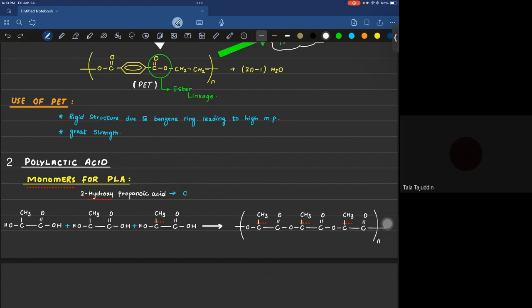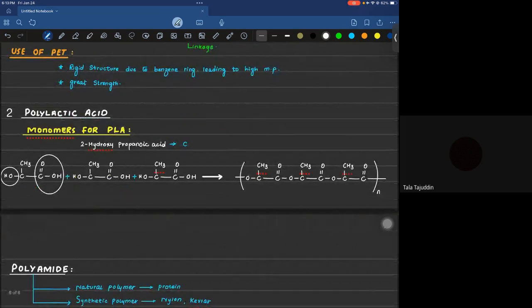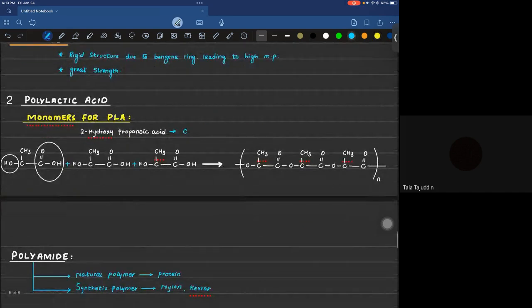This is carboxylic acid and this is alcohol. A single monomer containing different functional groups. So I am supposed to mention this single monomer.